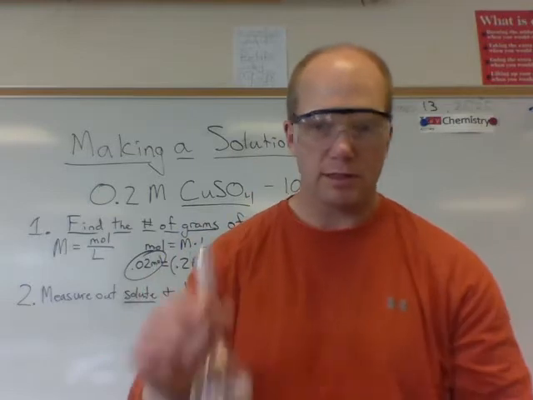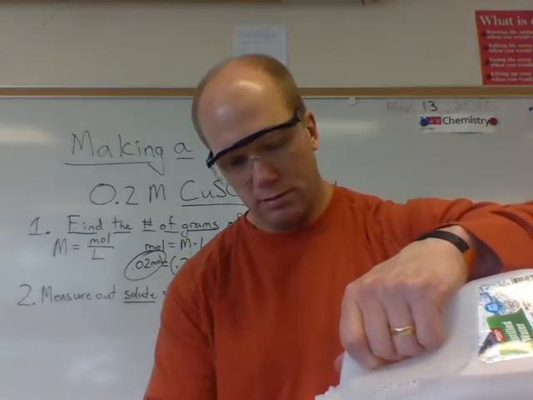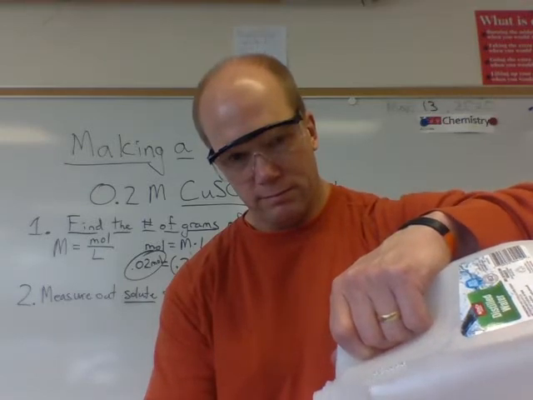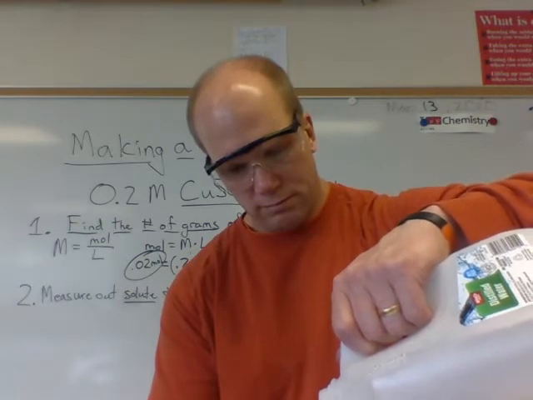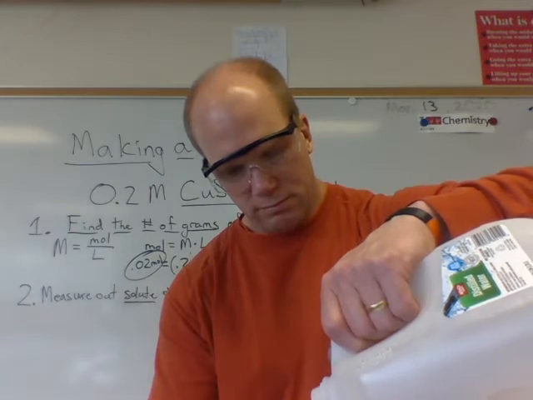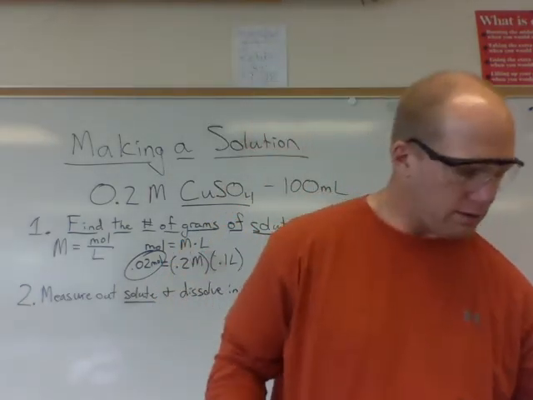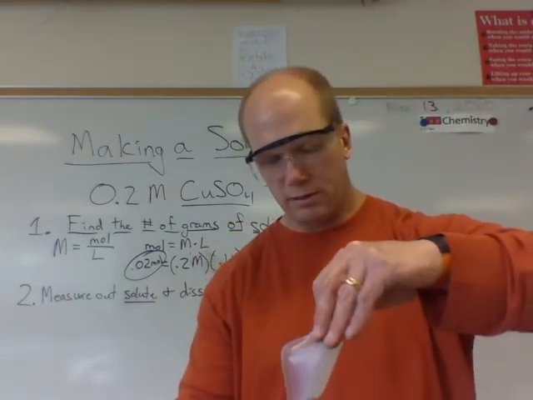So I start with this: take my flask and put a small amount of water in, maybe about half the volume. And then I'll take out my measured 3.19 grams and we'll put it in.